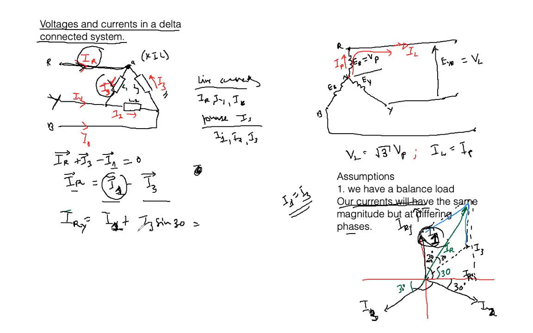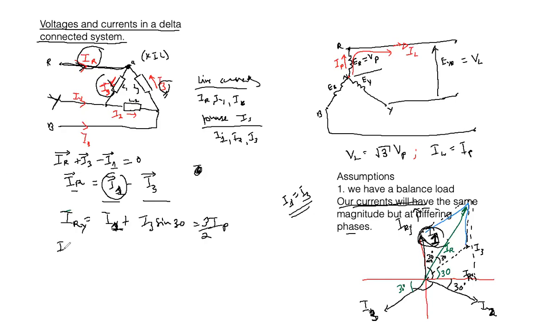Since we said I1 and I3 are the same, we can rewrite this as just I, and since they are phase quantities, I can write that as I phase. Then 1 plus a half gives us 3 over 2. So IRY is equal to 3 over 2 I phase.